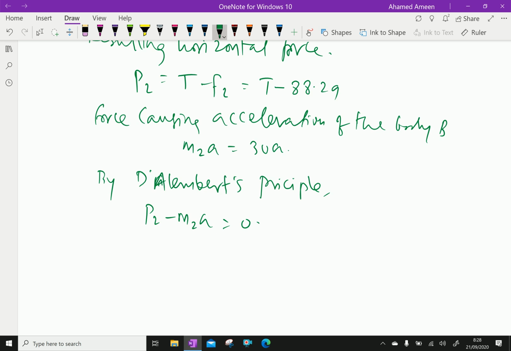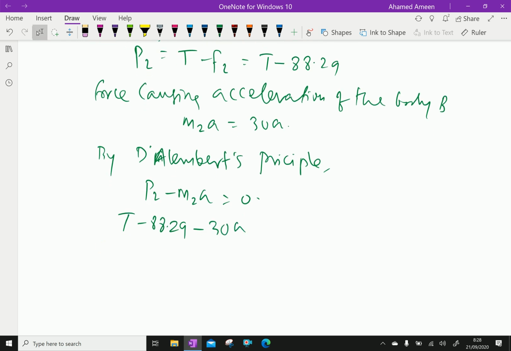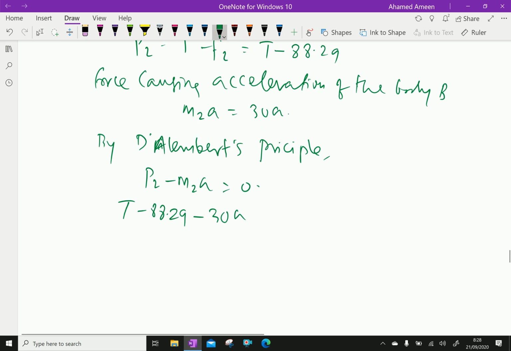Then for P2 we have tension minus 88.29, minus 30a. From that we can get tension equal to 88.29 plus 30a. Let it be equation 3.